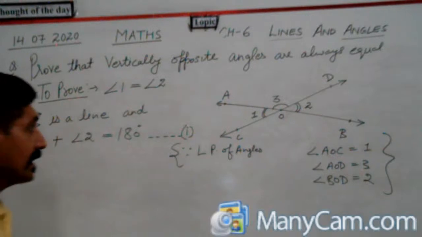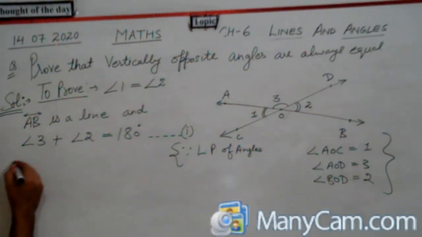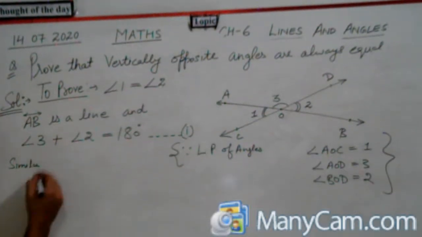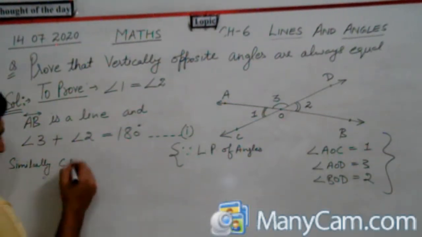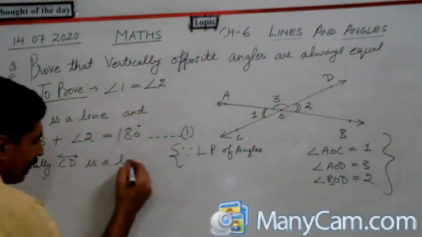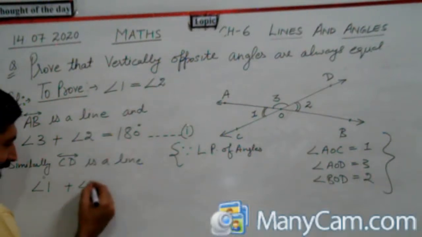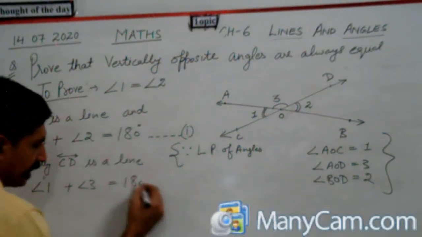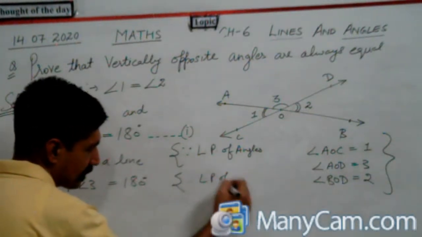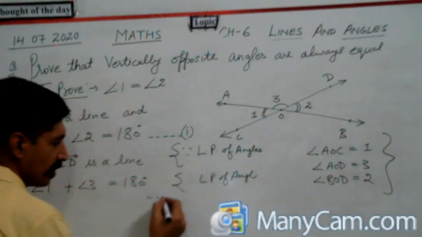Similarly, CD is a line, and angle 1 plus angle 3 is also 180 degrees. Same logic, that is because of linear pair of angles. We will name it as equation number 2.